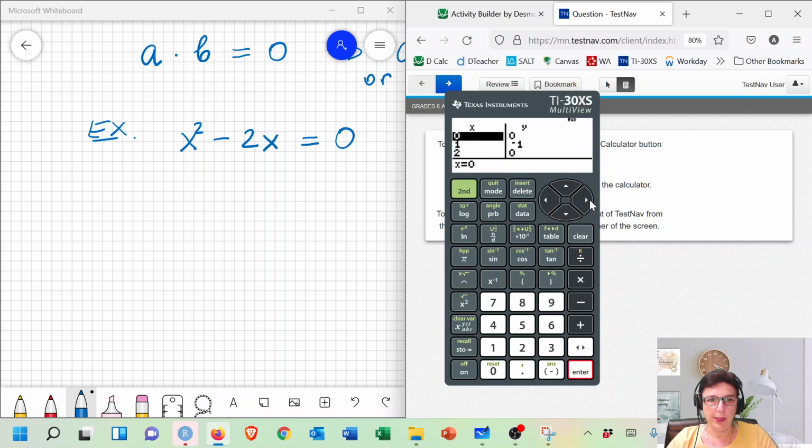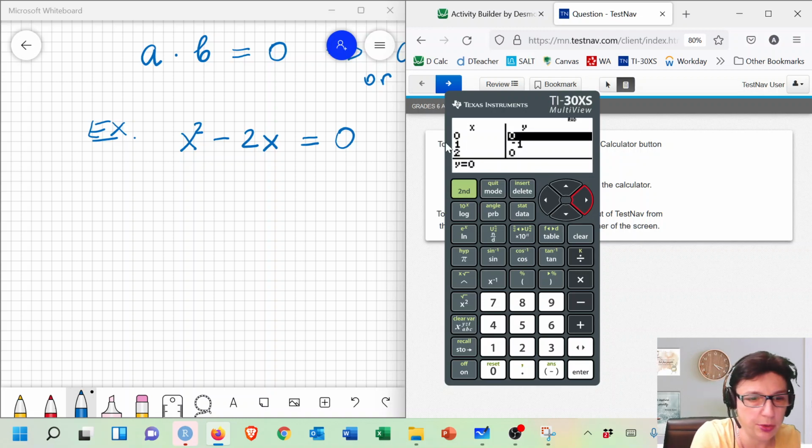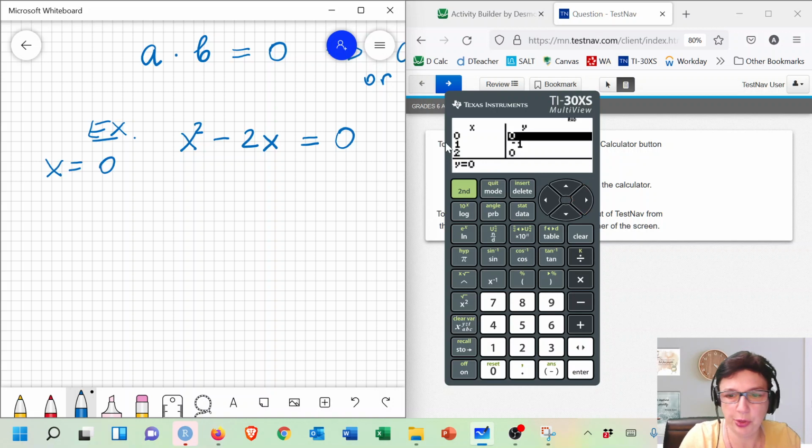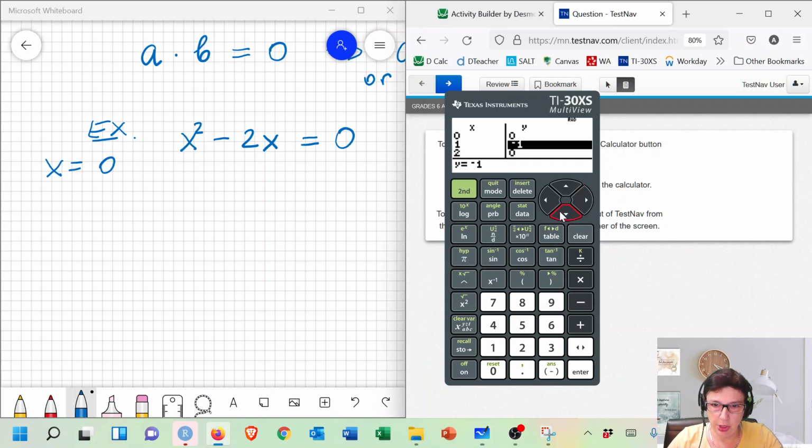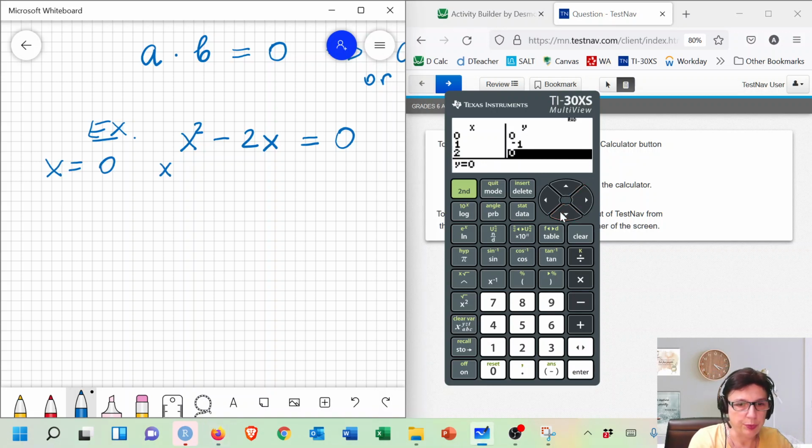What you want is to see for which x values y equals 0. I can see that that happens when x equals 0, and there's one other situation where it's 0, and that would be at 2. So using this calculator, I already solved the question. I know the answers are 0 and 2.